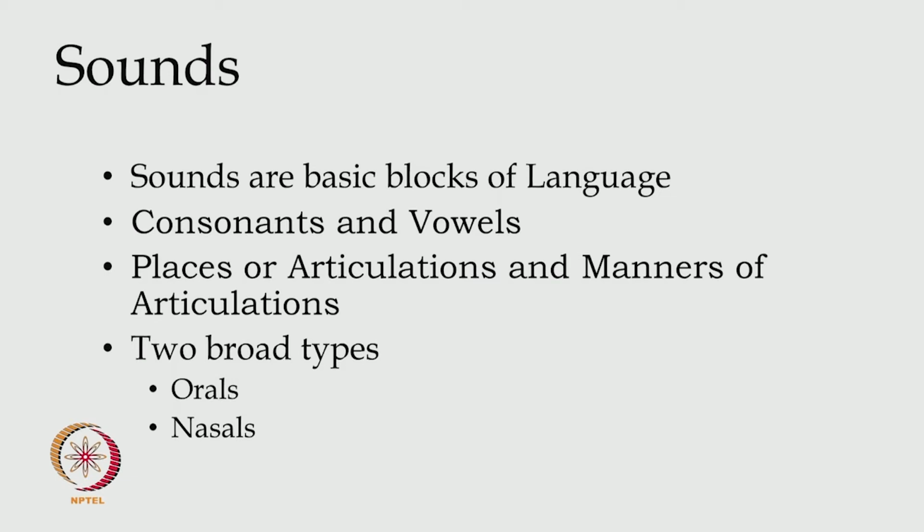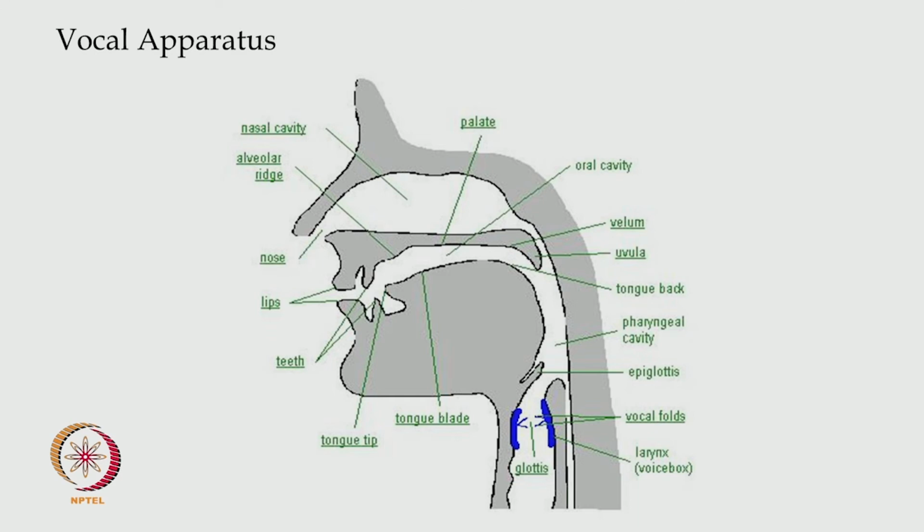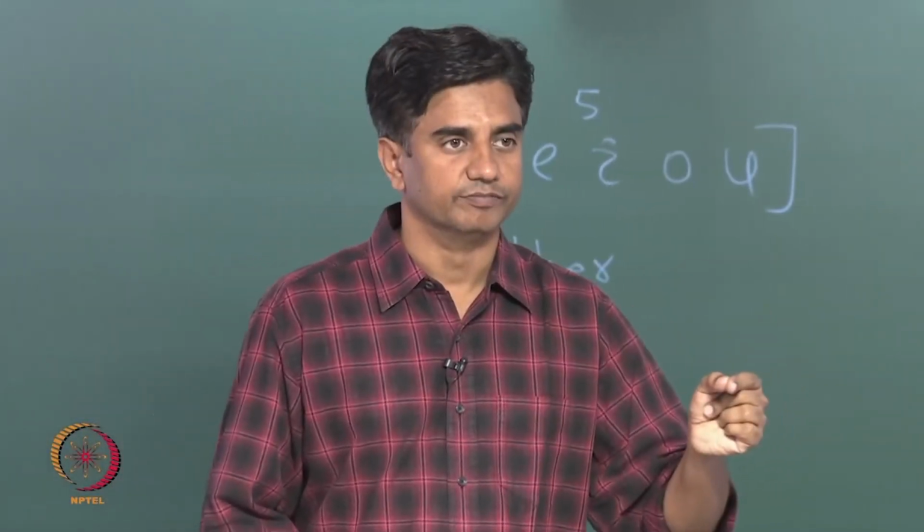Places of articulation and manners of articulation are the two things that we will be talking about. Places of articulation refer to different places in this vocal apparatus which are responsible for sound production.